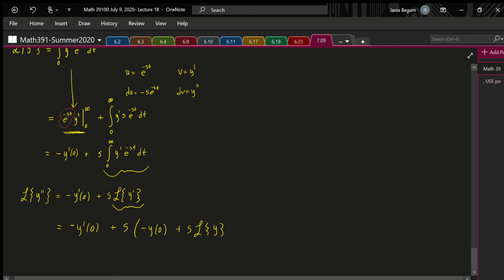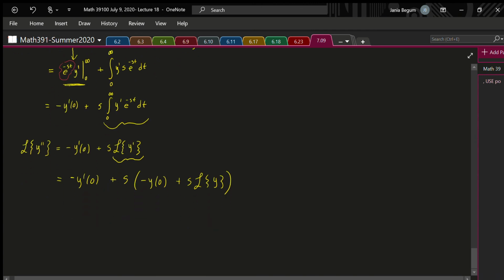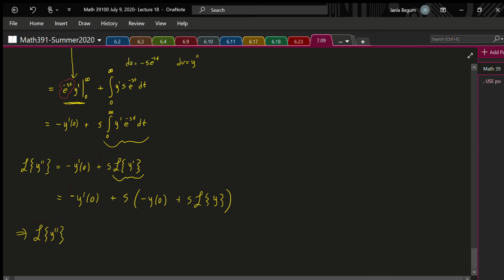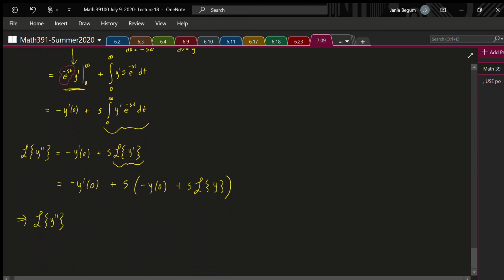Oh, braces, parentheses. Okay. And then if we just distribute the s and simplify, we have the formula for the Laplace transform of y double prime. It's going to be s squared times the Laplace transform of y minus s times y of 0 minus y prime of 0.